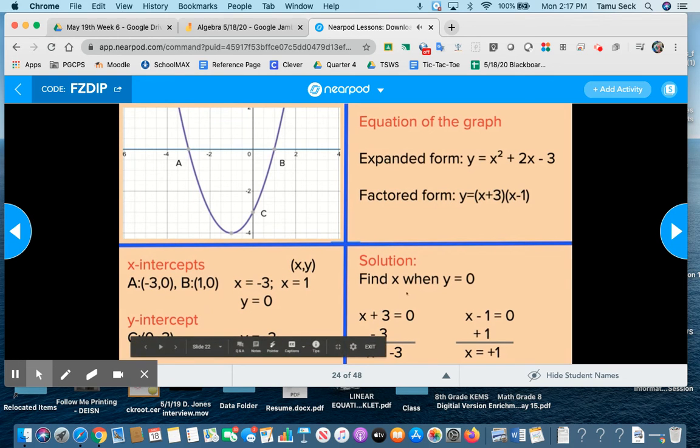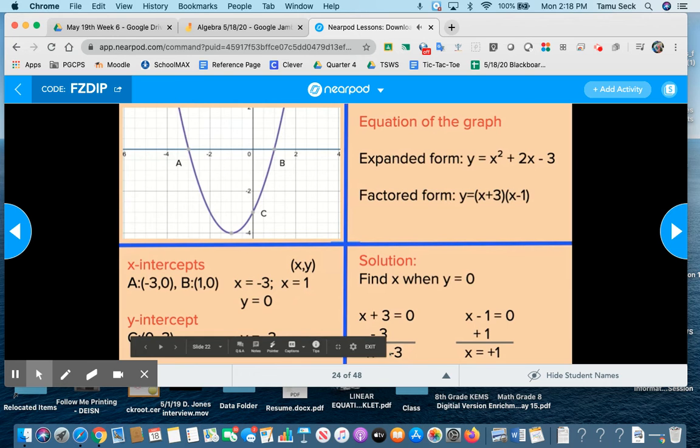So if you look here, here's the solution. X plus 3 is equal to 0, minus 3 on both sides, and you get x equal to -3. Here, x minus 1 equals 0, add 1 to both sides, and you get x is equal to +1. Now, looking at these solutions, -3 and +1, these solutions relate to the graph by the x-intercepts.